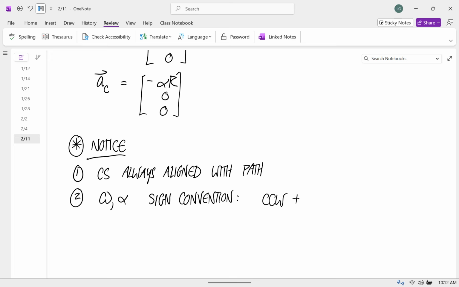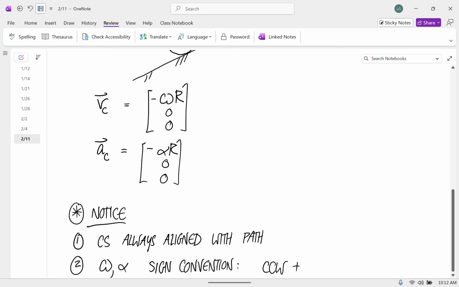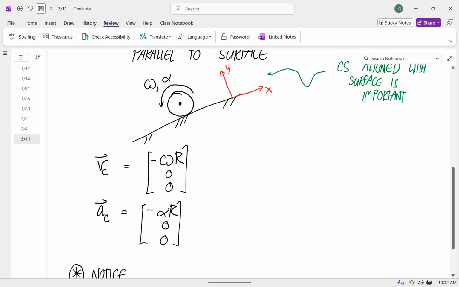Yep. For the sign of the acceleration and the velocity of the center, is it purely based off the direction of the angular acceleration and velocity? Or is it that in relation to the coordinate system? Well, there's two things going on. There's the rotational stuff and the translational stuff. Basically, this is a way to relate rotational motions to the translational motion of the center. And so we kind of have two sign conventions.